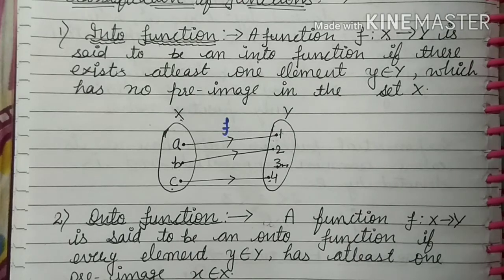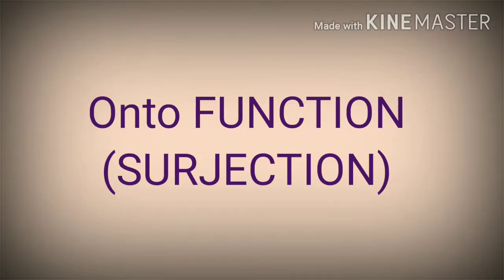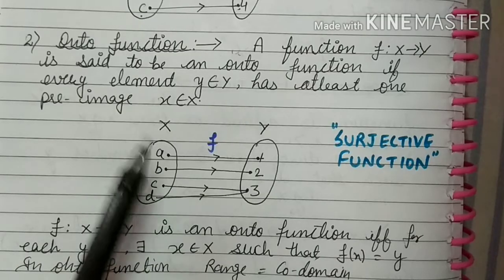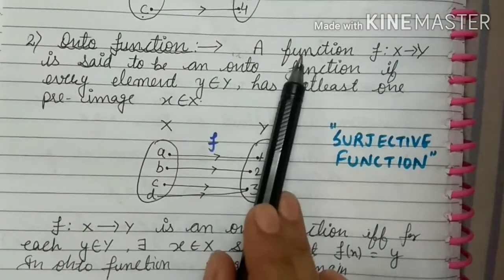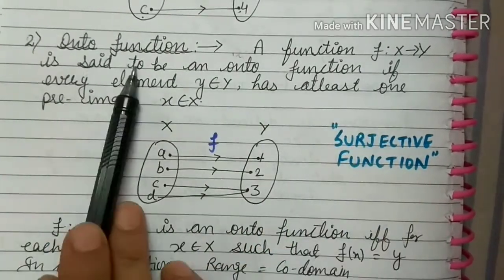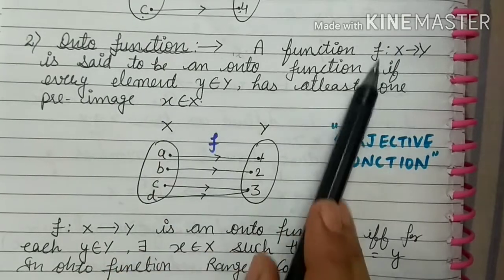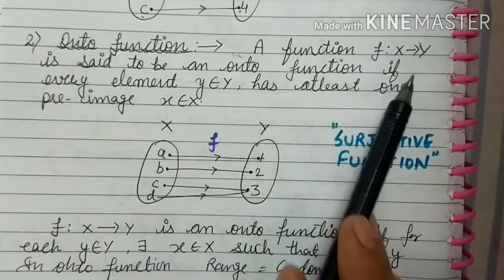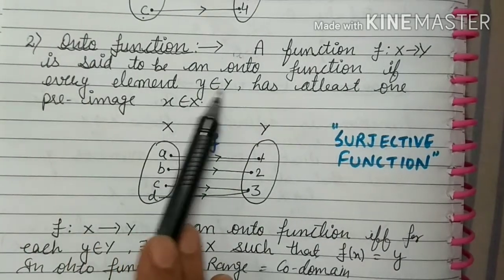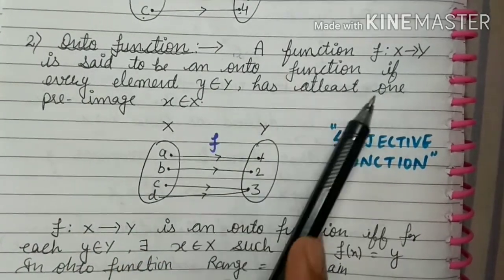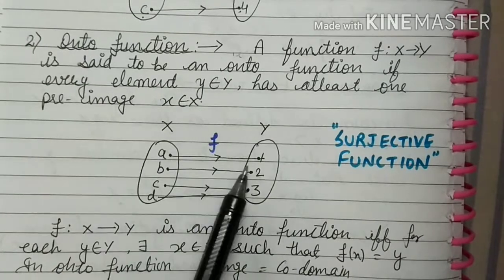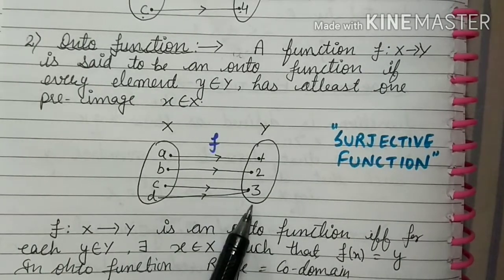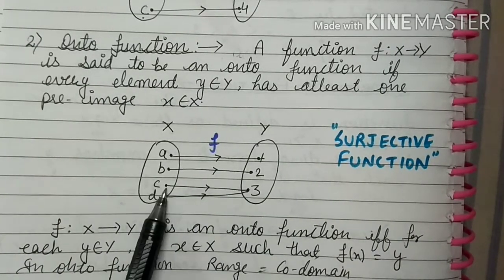Next we are going to define onto function. Onto function. A function f from X to Y is said to be an onto function. If you are given a function from set X to set Y, you can call it an onto function if every element y belonging to Y has at least one preimage. That is, every element in set Y should have at least one preimage.